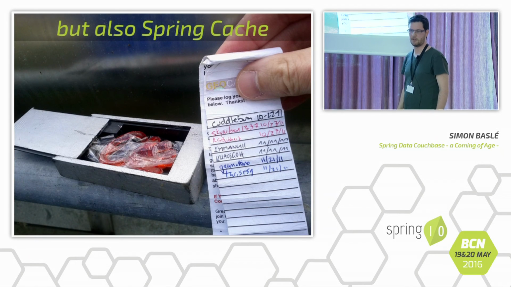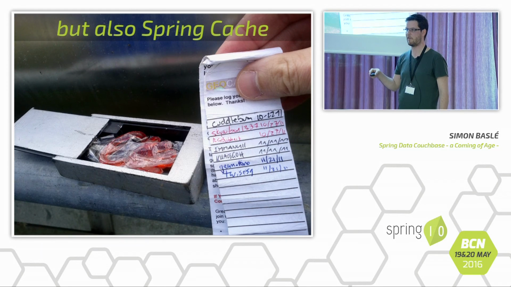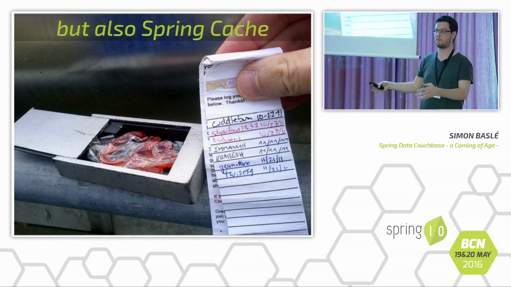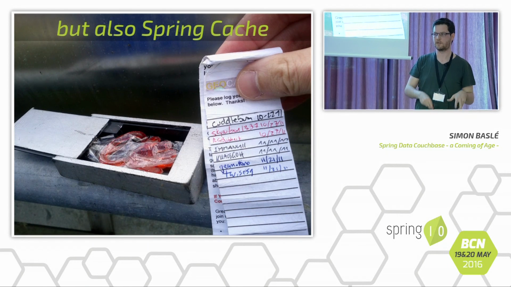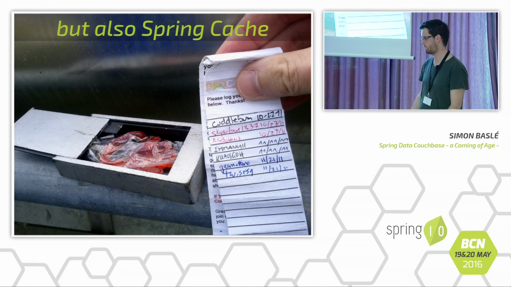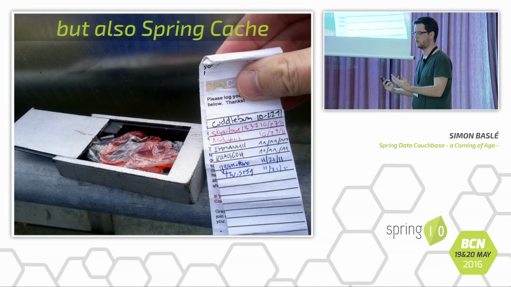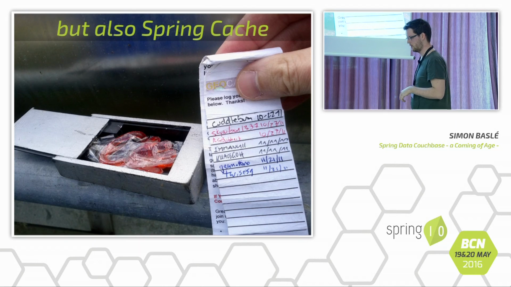What happens is when you annotate one of your service methods with @Cacheable, Spring will capture the result of calling that method, and it will store it as a serialized result in Couchbase. And the key of the document in Couchbase will make it very clear that this is from a cache usage and which cache name was used.